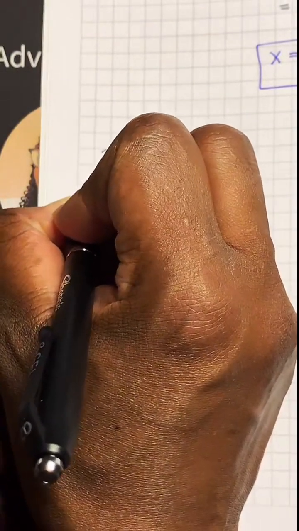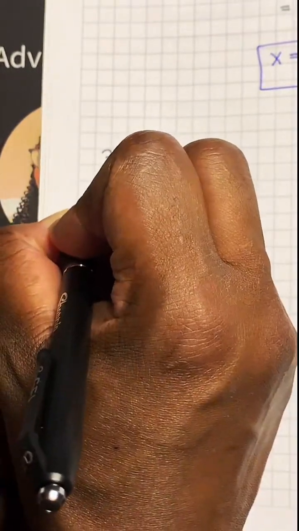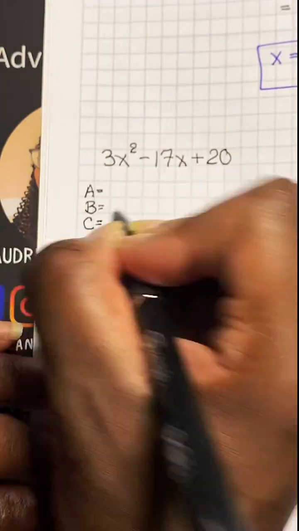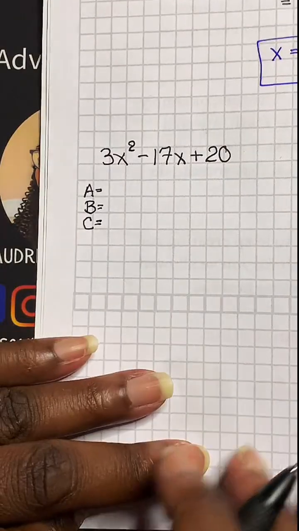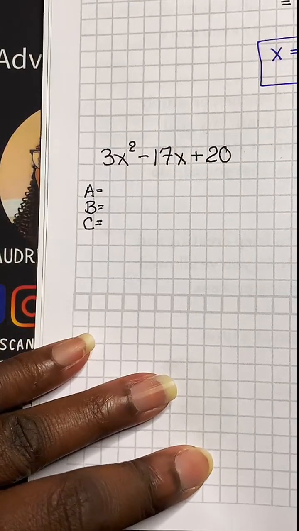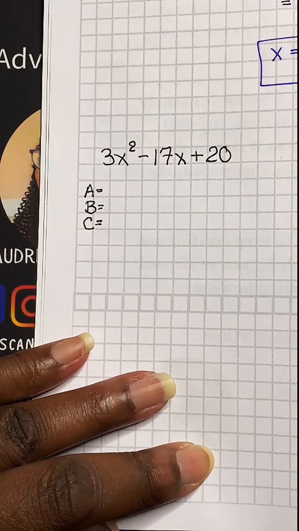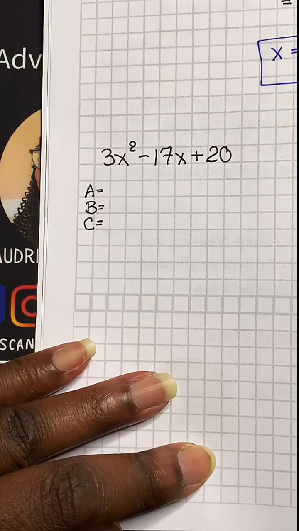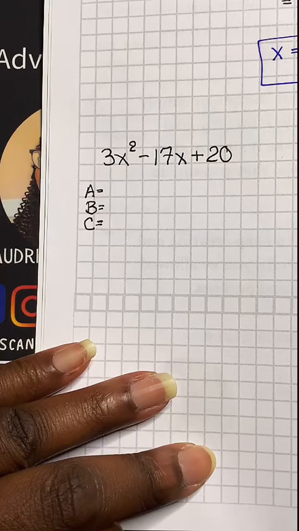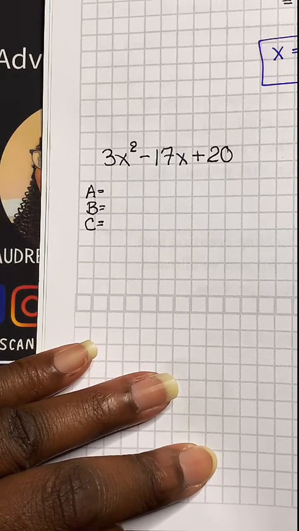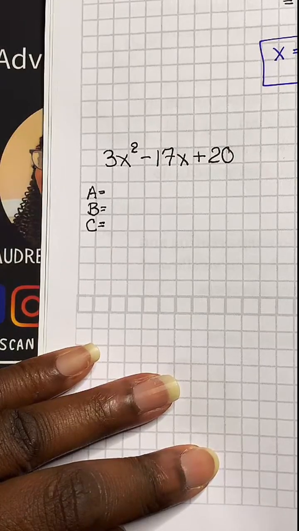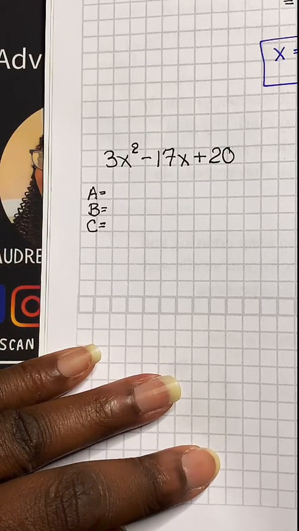Okay. First thing, we need our A, we need our B, we need our C. So if you don't see a number in front of the x as a coefficient, it's assumed to be a 1.